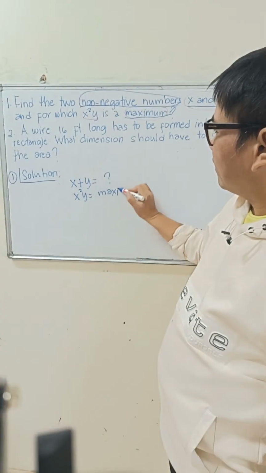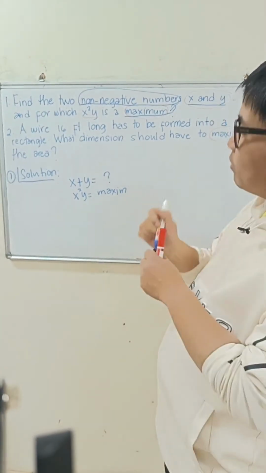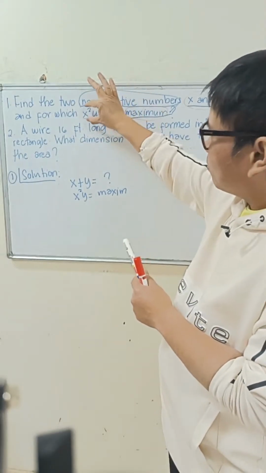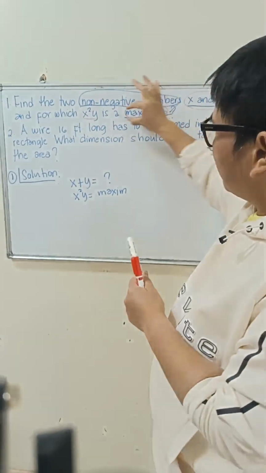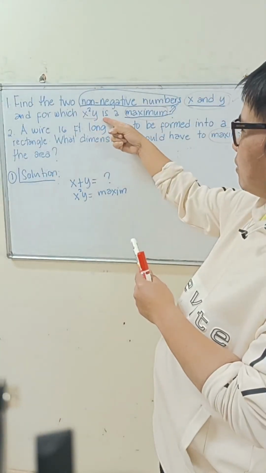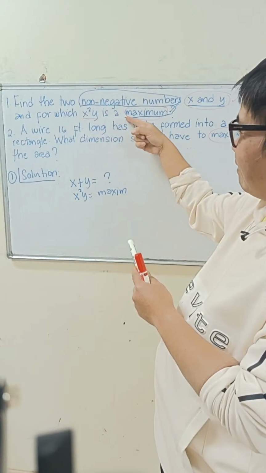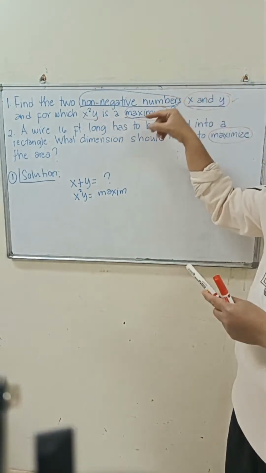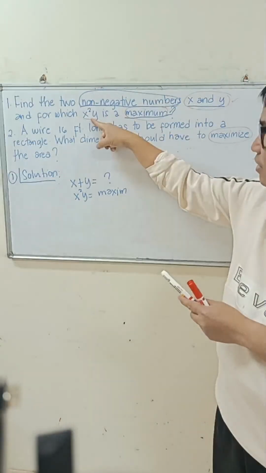Since the condition here says that x squared y is a maximum, this portion here we need to differentiate, because this is a continuous compound sentence. See, x squared y is a maximum. So this is the time we need to differentiate x squared y.